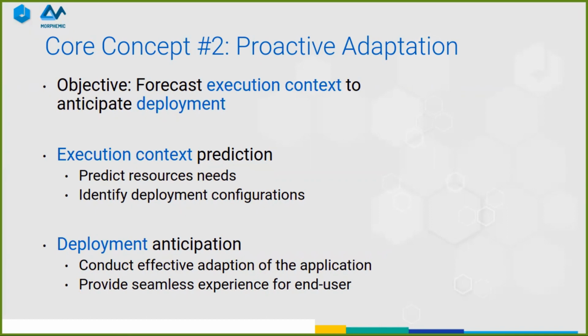Thanks to that, for an e-commerce application, we could better adapt to an expected increase in the number of users, because we can adapt our application before the number of users increases, so the user experience will be much better.